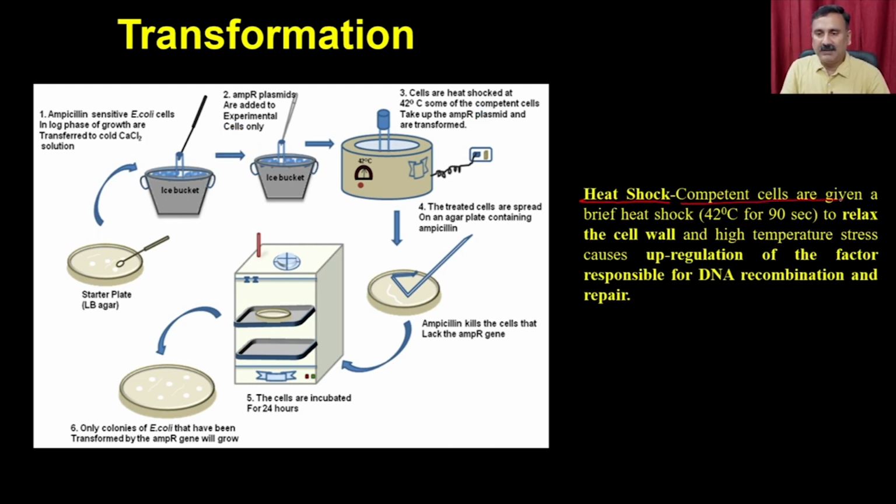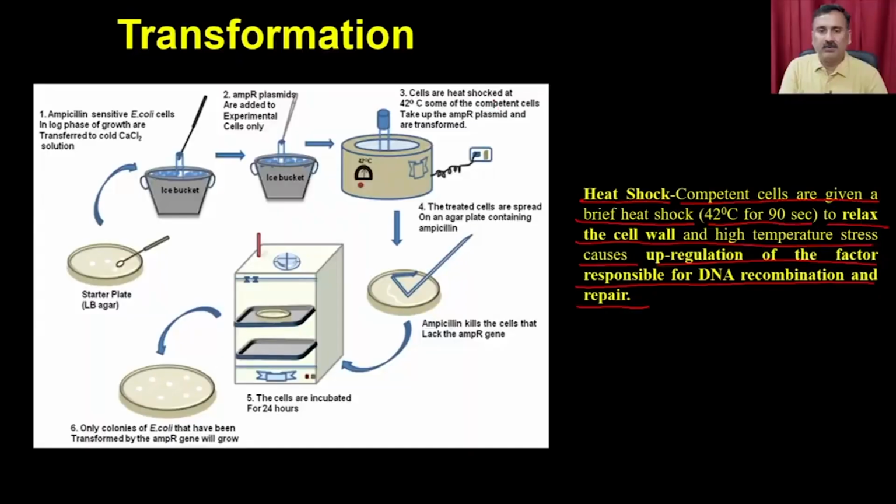Competent cells are given a brief heat shock, such as 42 degrees Celsius for 90 seconds, to relax the cell wall, and the high temperature stress causes upregulation of the factors responsible for DNA recombination and repair. In the heat shock step, the cell is going to swell and take up the DNA.